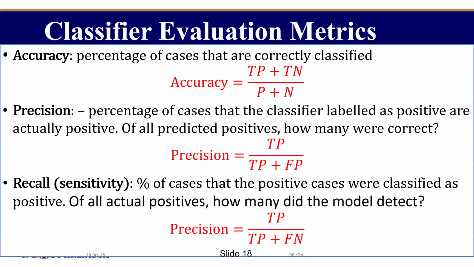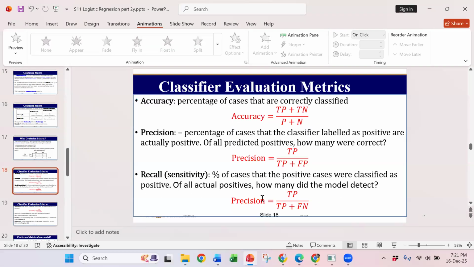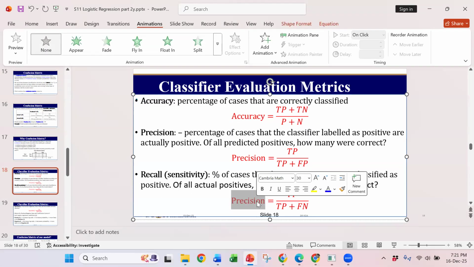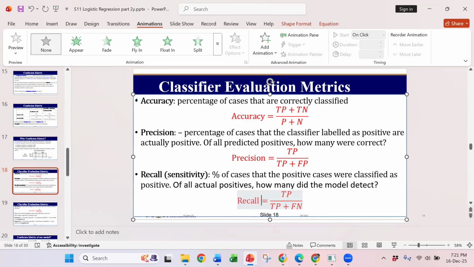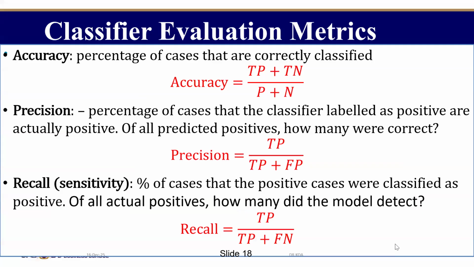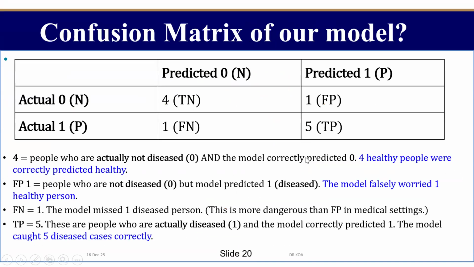Now you can use the same thing to also get... I think I made a typo here. I called this one precision, even though it's supposed to be recall. So again, it is going to be the same as the previous one, but instead of FP, this one is FN.